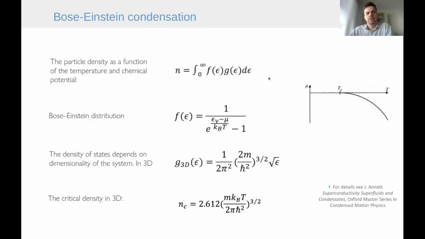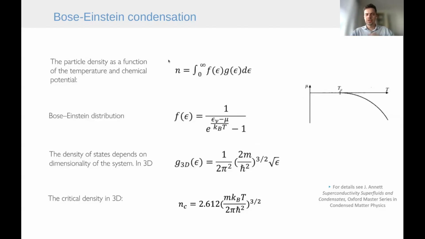And a very interesting thing appears. If we substitute this Bose-Einstein distribution into this formula, and we substitute the density of states in the three-dimensional case, which is given by this formula, which depends as a square root of energy, we will find that no matter how we manipulate the chemical potential in this formula, our density of atoms will be limited.